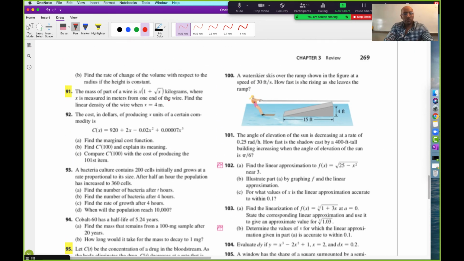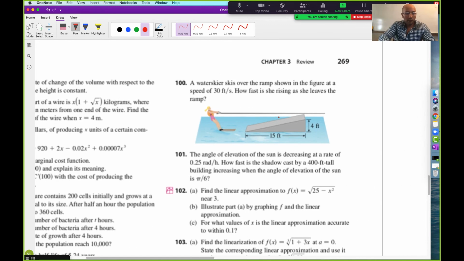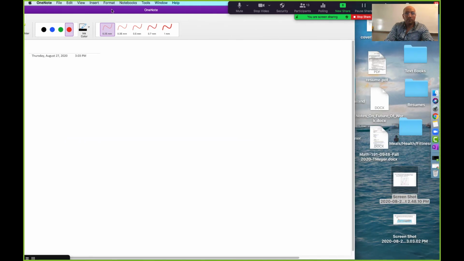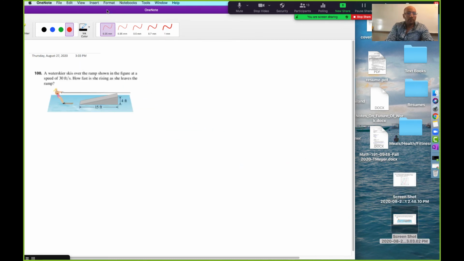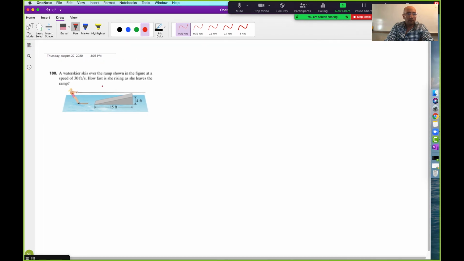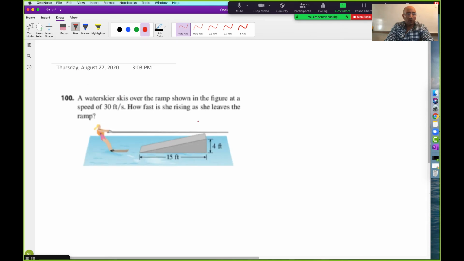So let's look at this one. Number 100. Okay, a water skier skis over a ramp shown in the figure at a speed of 30 feet per second.